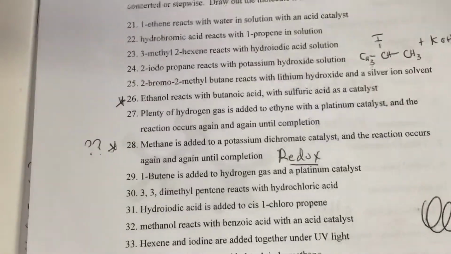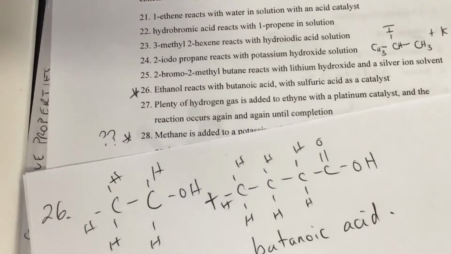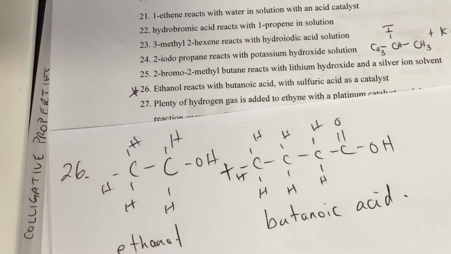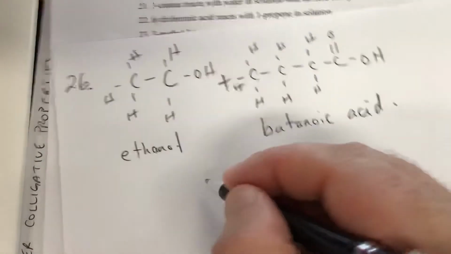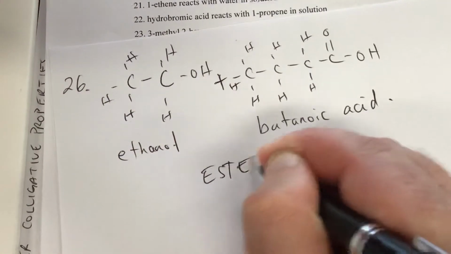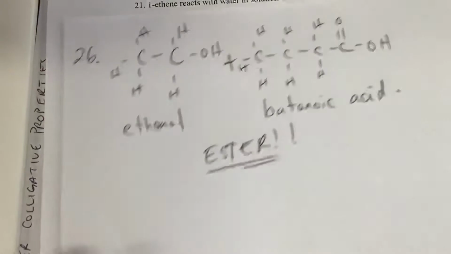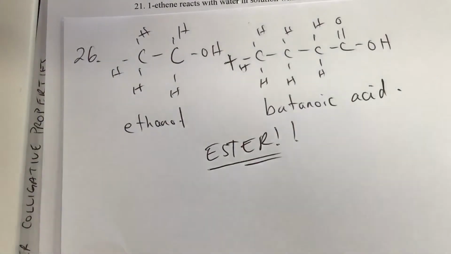Let me check. Yes, ester. I always get ester and ether mixed up too. Ether just has the bridging oxygen. So we're going to make an ester. And this is a big one that you need to know for your exam.